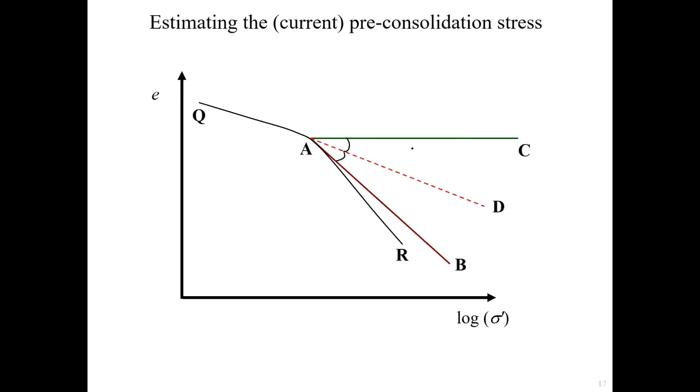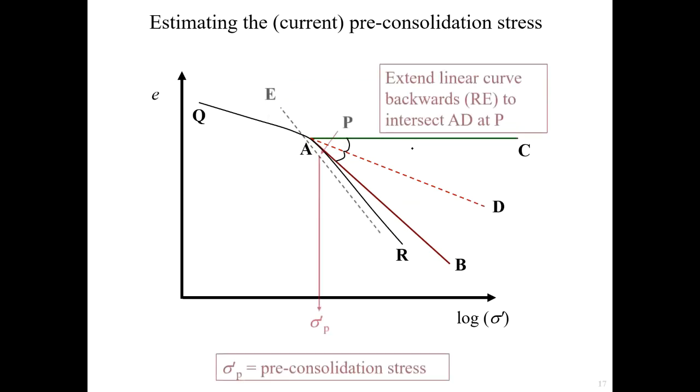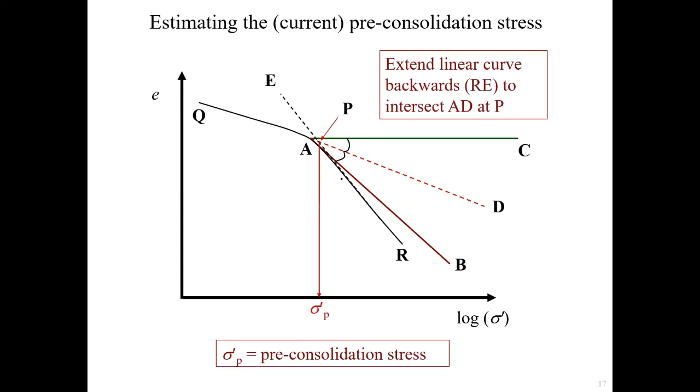Next, we extend the original line, that's the QAP, and we extend QAR. Next, we extend the final straight line part of this curve backward, so we are able to get line RE.